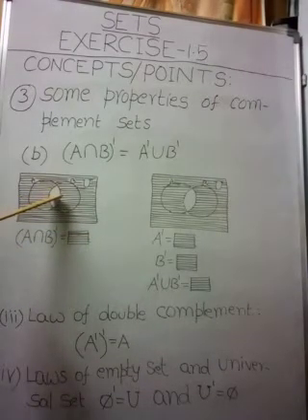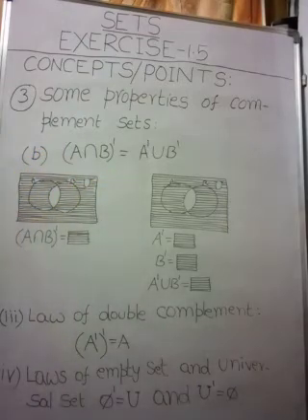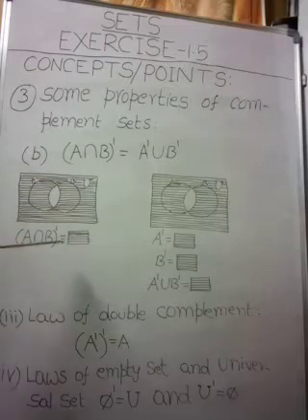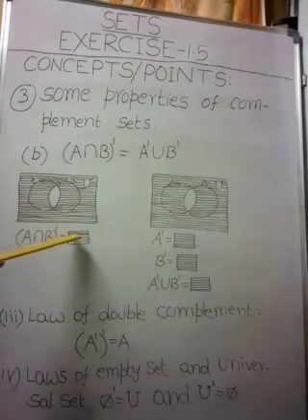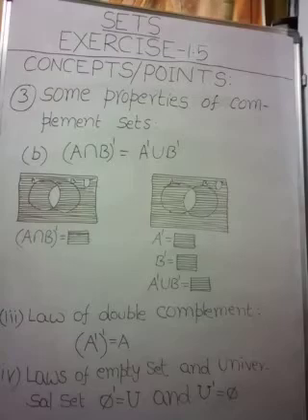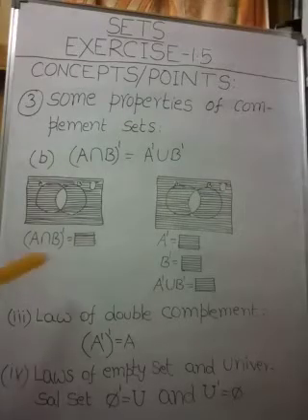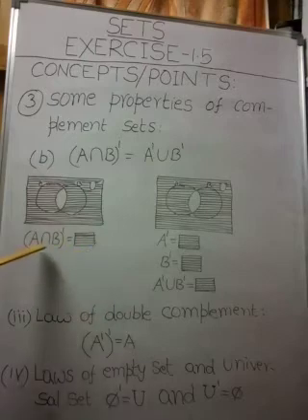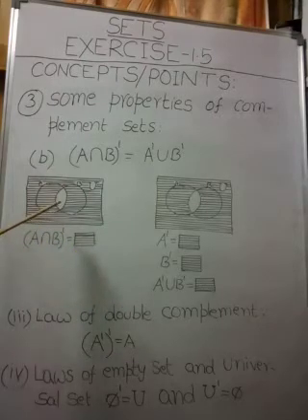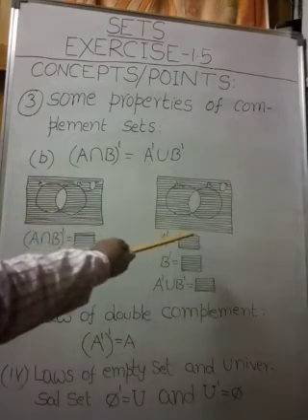Except this part, we have to shade the remaining portion of the universal set. So I have shaded it by horizontal lines. This horizontal-lines shaded region denotes (A intersection B) whole complement.